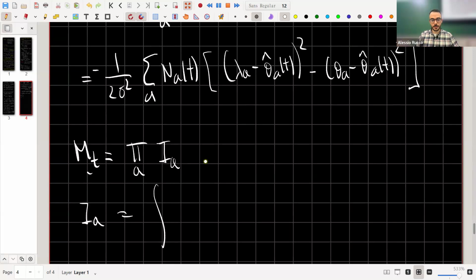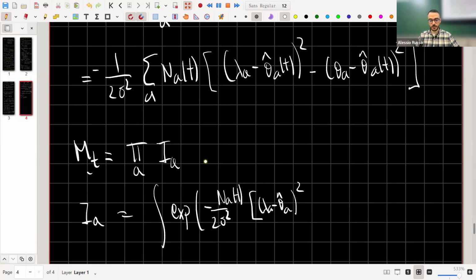So we have this exponential of minus 1 over 2 sigma squared times NAT that multiplies these two terms. I'm not going to write T anymore. Also, I will not write A in the following, just for simplicity.